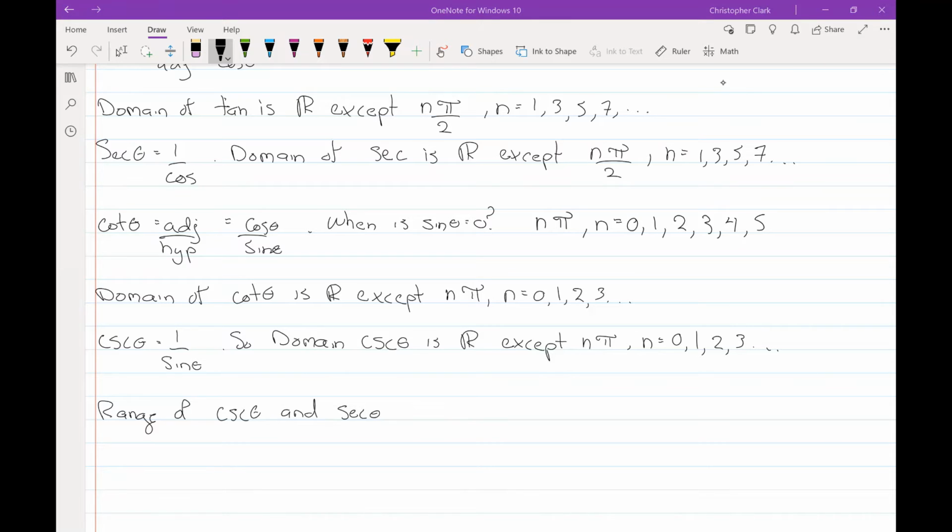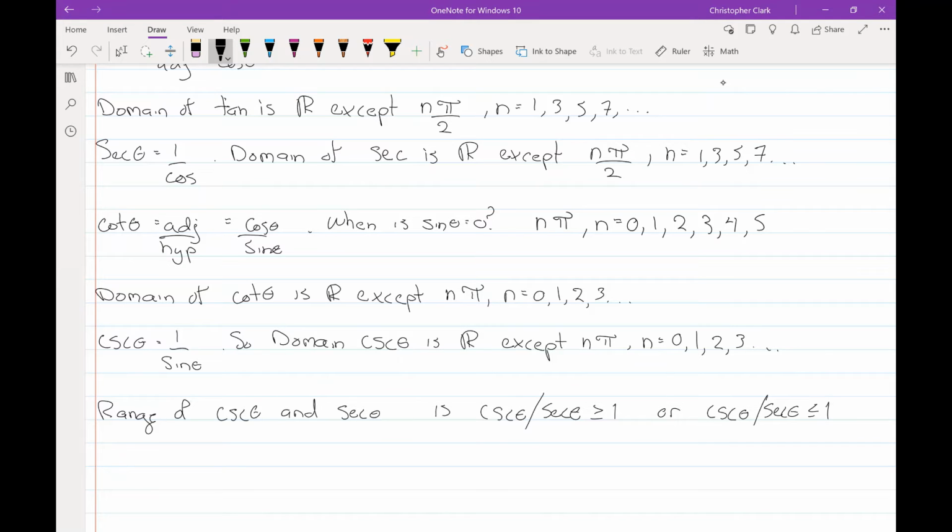so the range of cosecant and secant is cosecant or secant can be greater than or equal to 1, or cosecant theta, secant theta, less than or equal to -1.